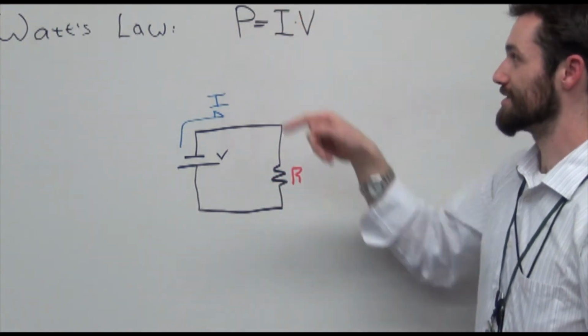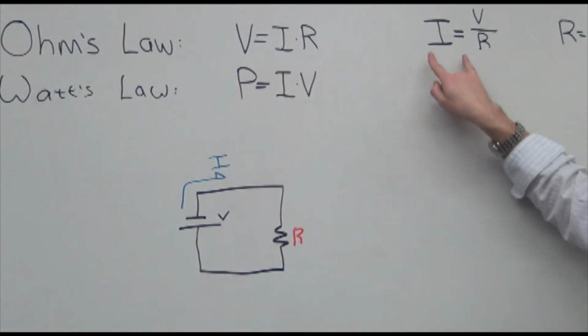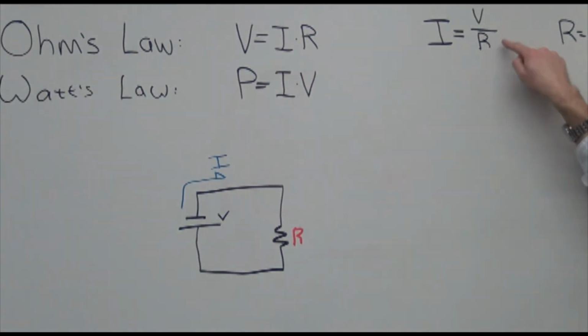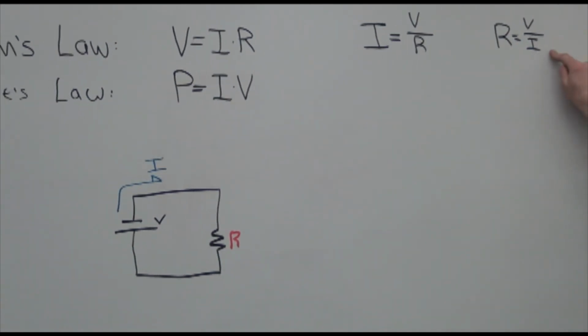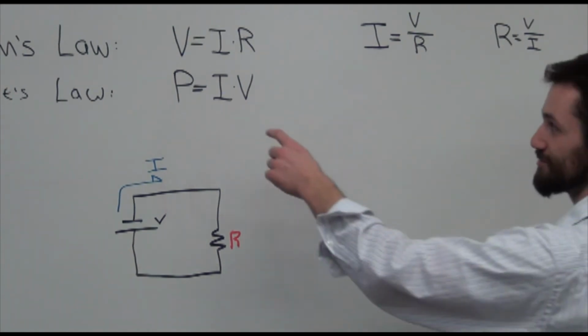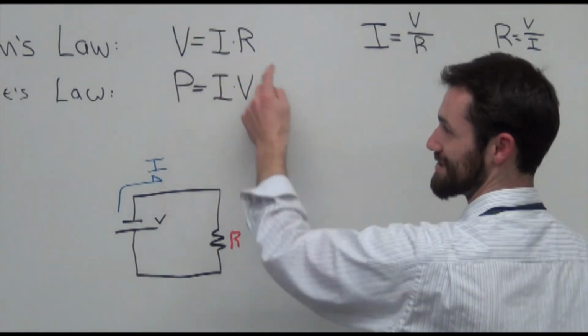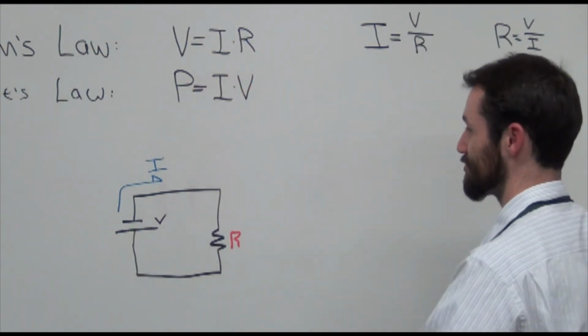So if we need to find voltage, we use this one right here, current times resistance. If we need to find current, we use voltage divided by resistance. If we need to find resistance, we use voltage divided by current. You notice that voltage is in the top here, and that's just because when the voltage is equal to these guys times each other, then we're going to divide by one or the other to make it happen, which is great. Algebra.